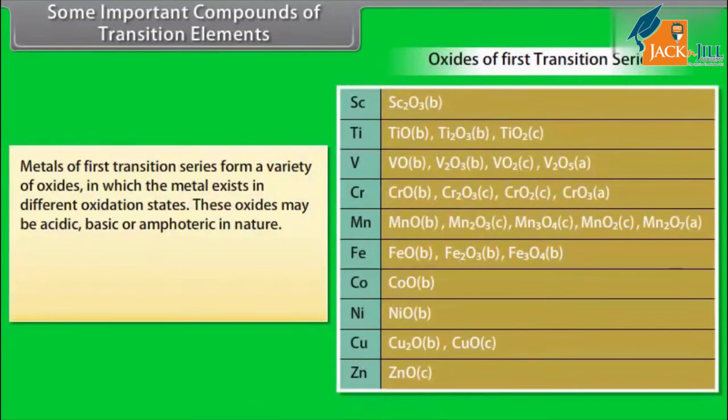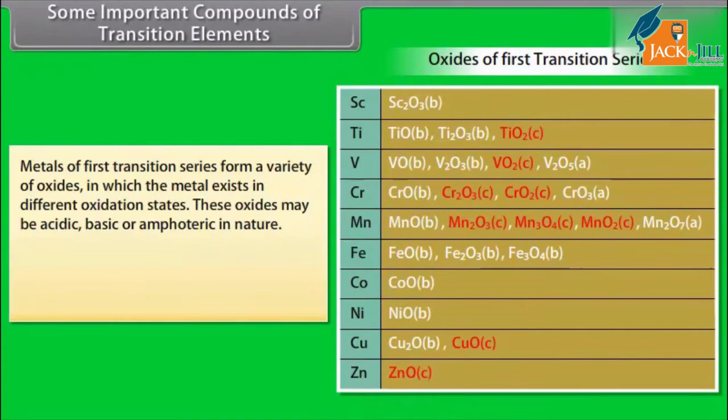Metals of first transition series form a variety of oxides in which the metal exists in different oxidation states. These oxides may be acidic, basic, or amphoteric in nature. Stable oxides have been shown in bold type. A indicate acidic, B indicate basic, and C indicate amphoteric nature of the oxide.